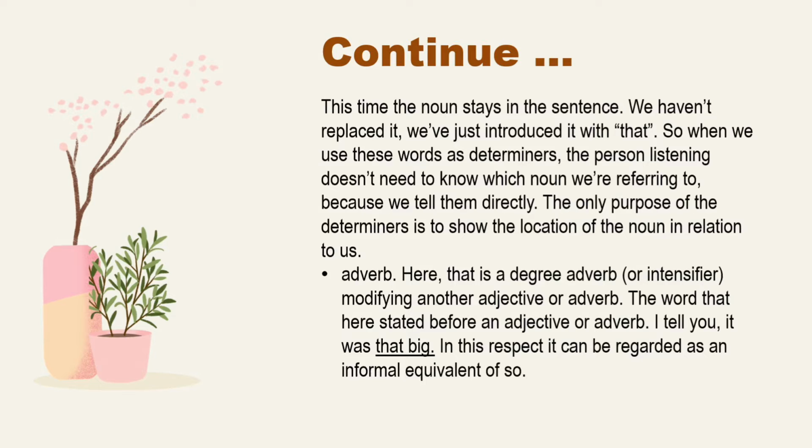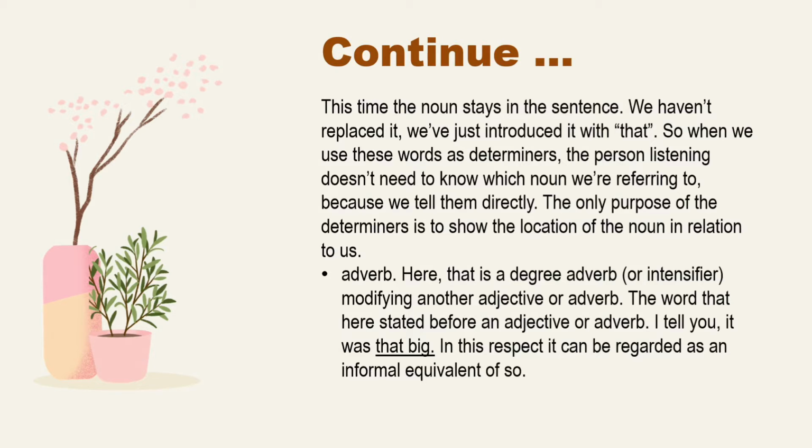We haven't replaced it. We've just introduced it with the word that. So, when we use these words as determiners, the person listening doesn't need to know which noun we're referring to, because we tell them directly. The only purpose of the determiners is to show the location of the noun in relation to us.